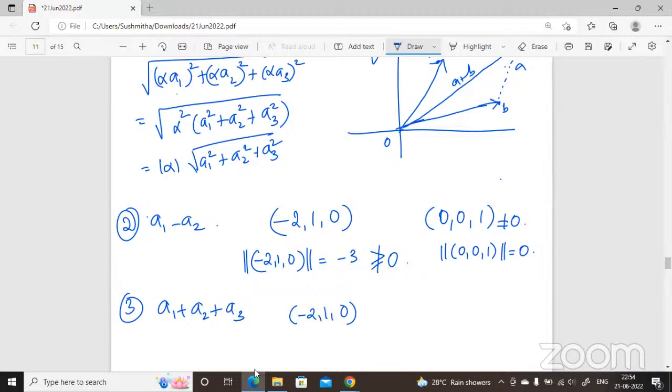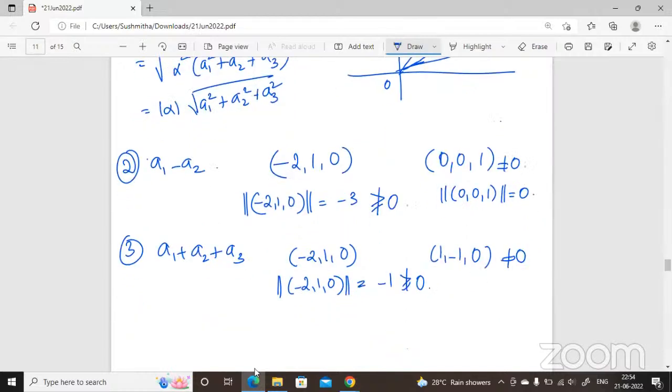This one. What is the norm? It will be minus 1. Or take 1 comma minus 1 comma 0. The norm becomes 0. This is not equal to 0, but the norm is equal to 0, right? Yes.